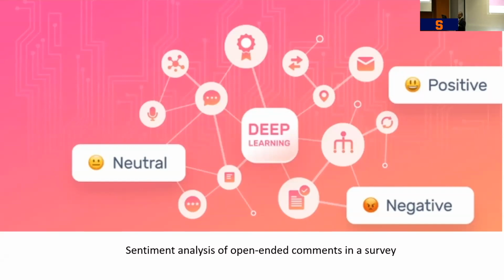Let me take a real world example. It's very common to do a user survey, where in the first part you might have numeric ratings. And then in the end, you might have some open-ended questions where you have the customer or the user write some comments about their experience with your product, good or bad. Now, it's really easy to analyze the numbers.